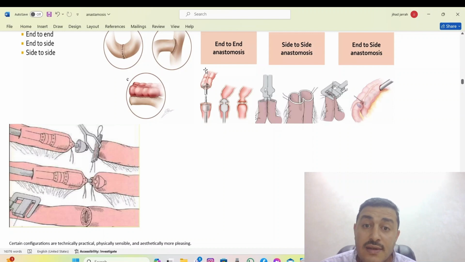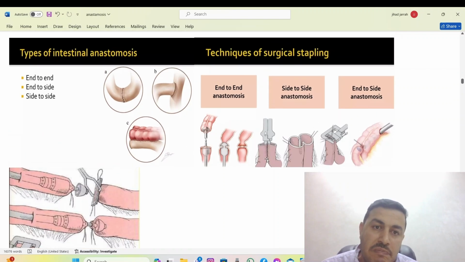These are end-to-end, while side-to-side anastomosis, we will discuss. You can see it could be created by different techniques. We will see end-to-side anastomosis. Also here is the end, and this is the side, mostly this is the ileum and the transverse colon.